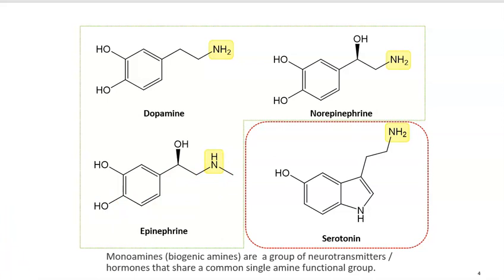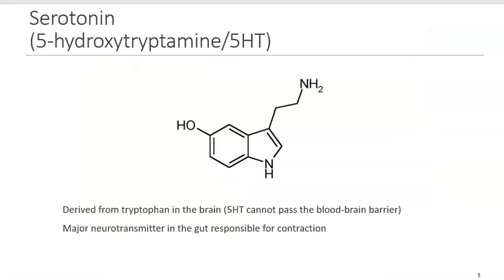And serotonin is probably the most well-known of these monoamines. And like I said, the monoamine hypothesis focuses on the role of norepinephrine and serotonin specifically. So let's get into specifically serotonin, or 5-HT.